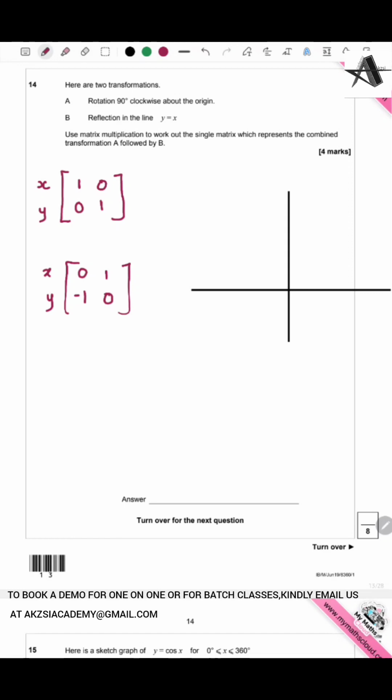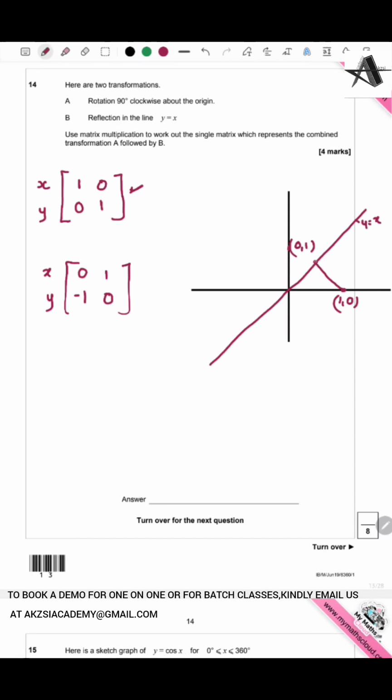Second is reflection. Don't reflect this one, okay? You have to reflect your original one. Whatever the transformation, only your original matrix will undergo it. So again, this is 1 comma 0 and this is 0 comma 1. Reflection means it's like this. When you reflect, you draw a perpendicular line from the point to the mirror line. Here y equals x is your mirror line.